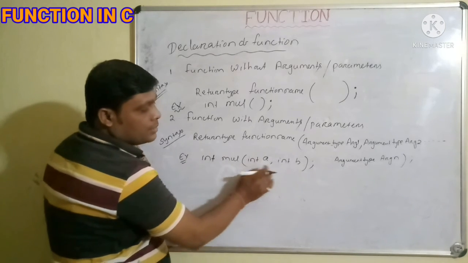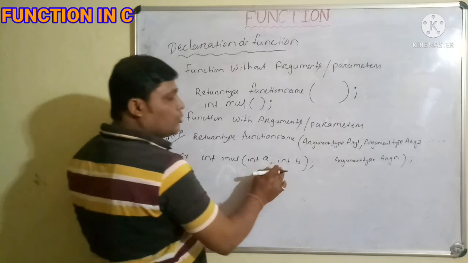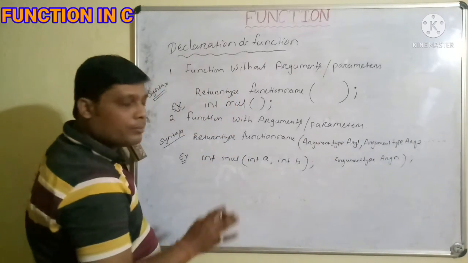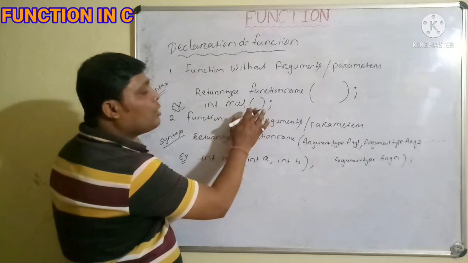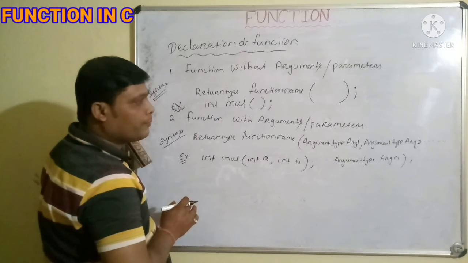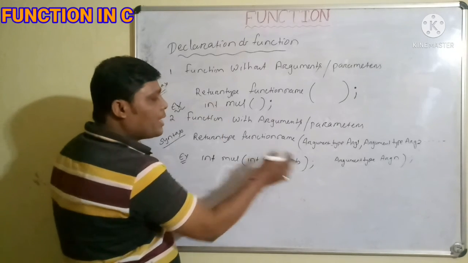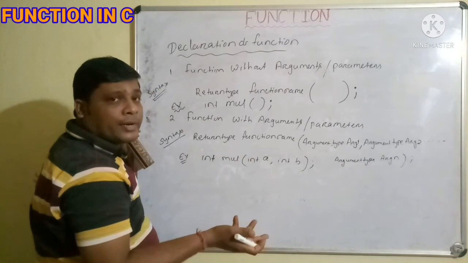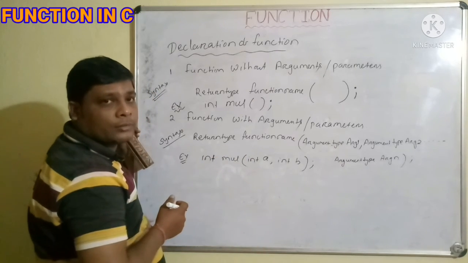Clear? If you are passing some argument, then you have to give argument type, argument 1, argument 2, like this, multiple arguments you can pass. Or if you are not passing any argument, only open parenthesis and close parenthesis. And this return type or argument type may be any primitive data type or any user defined data type.